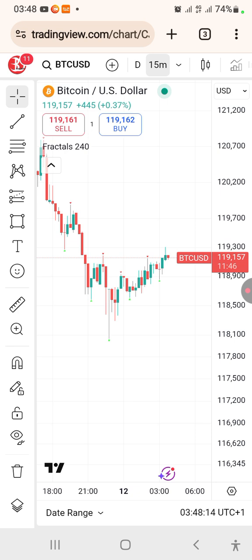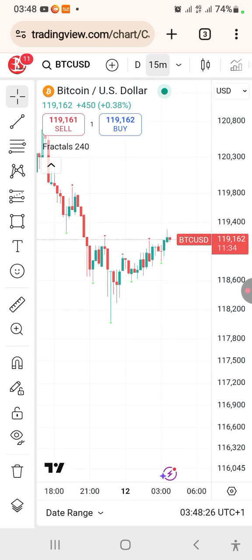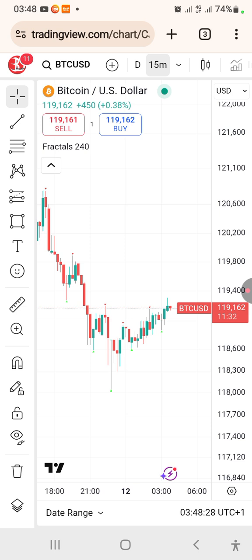You end up entering trades either early or late. But in this analysis, I'll walk you through step by step on how to mark your key levels.